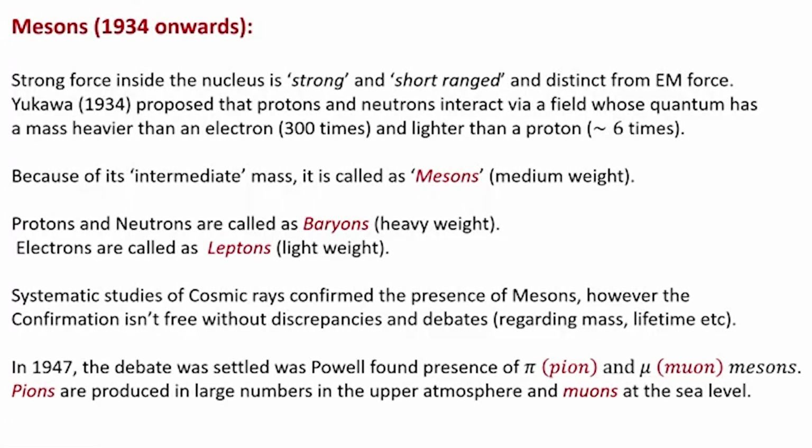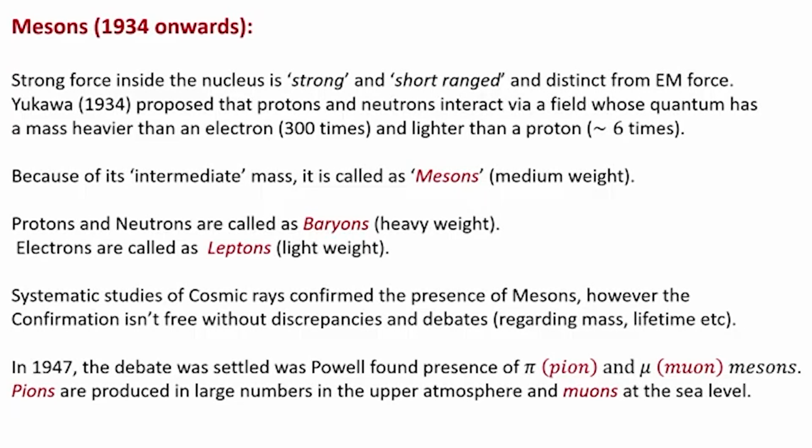Mesons, on the other hand, this was 1934 onwards. People started worrying about the strong force that exists inside the nucleus. It is very strong and short ranged and distinct from the electromagnetic force, that is, its origin does not lie in the electromagnetic force. Yukawa in 1934 proposed that protons and neutrons interact via a field whose quantum is just like photons.